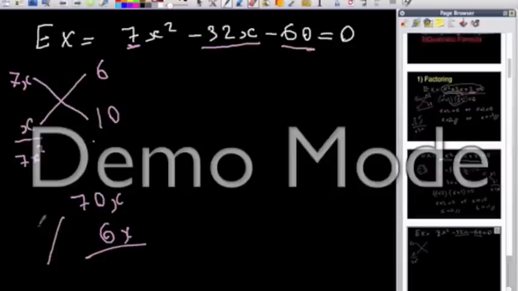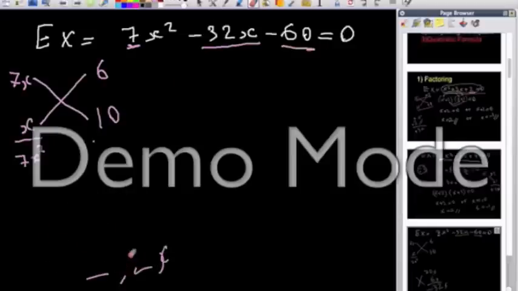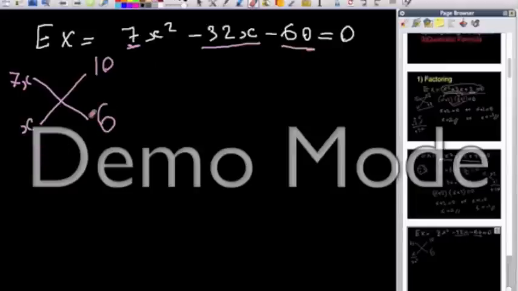This does not give us negative 32x. So you need to be careful about the placement of these two numbers. You need to place them at the right position. We know that this here and this here would give us 32x. Okay, so let's do it.